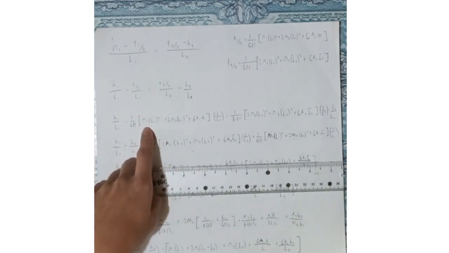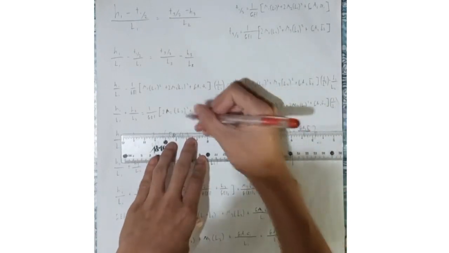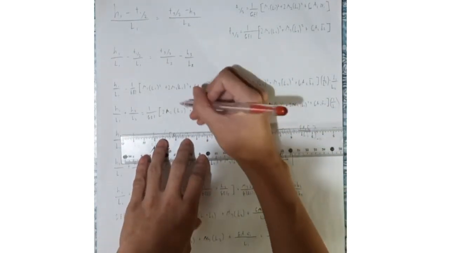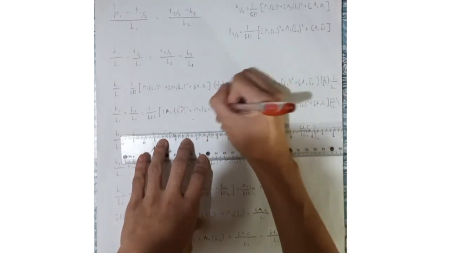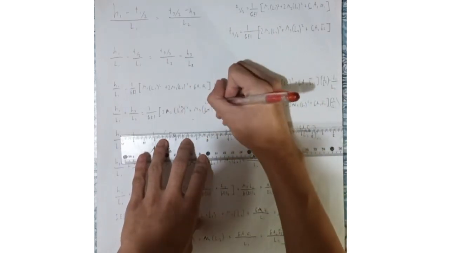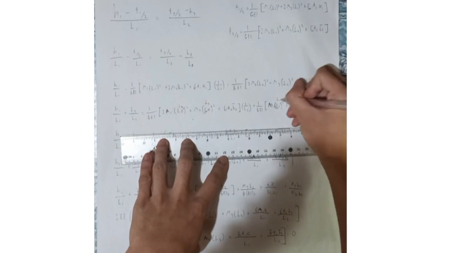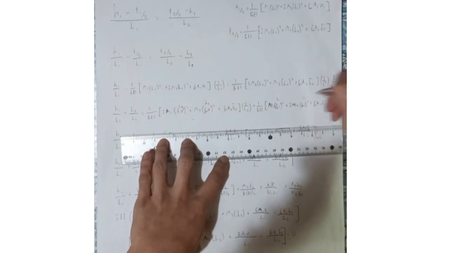So we cancel l2. This one will be l2. This one become l2. This one l1 l1. So we get this equation. We simplify.